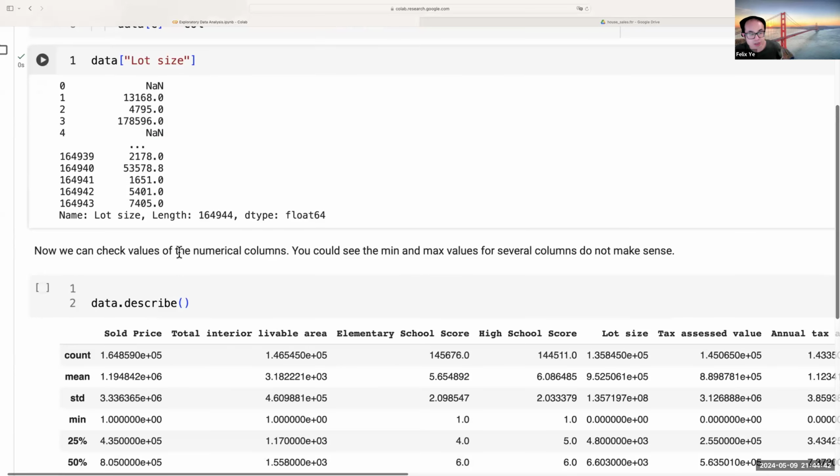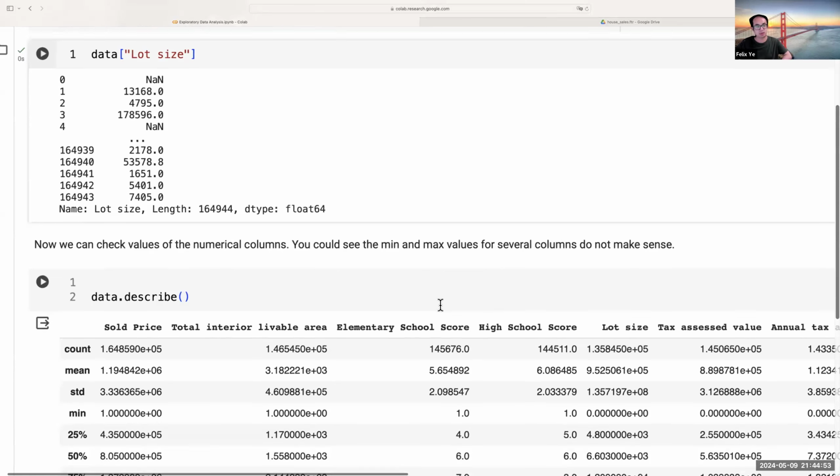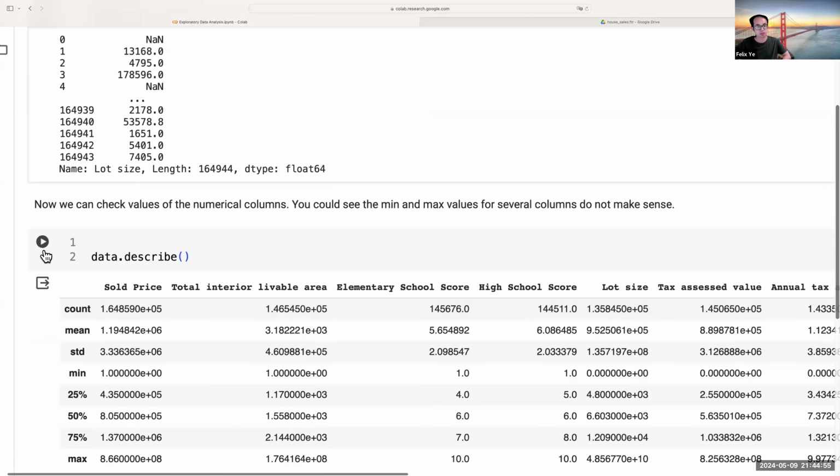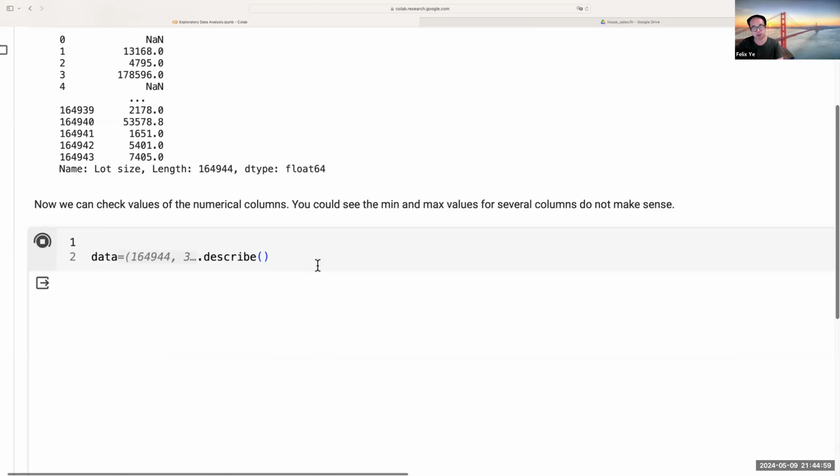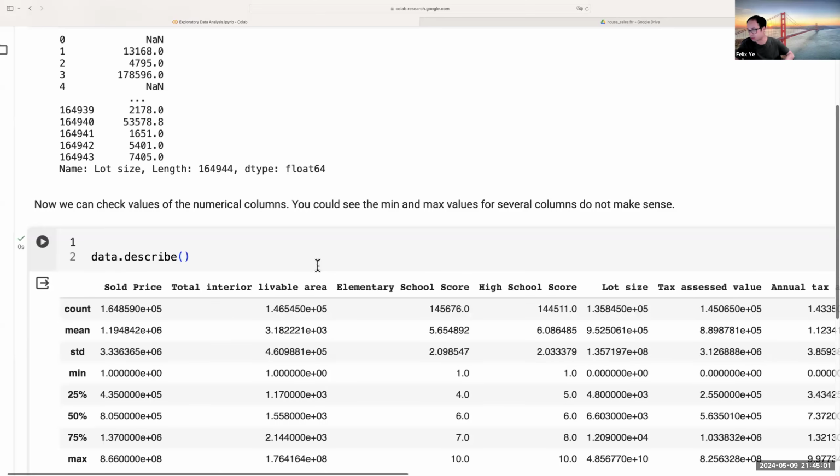Also, we can check some values for those numerical columns. You can see the minimum values, maximum values, and also medians, means, all this kind of information. The way you do it is you say data describe. It will automatically get those numerical columns, which we have already processed.